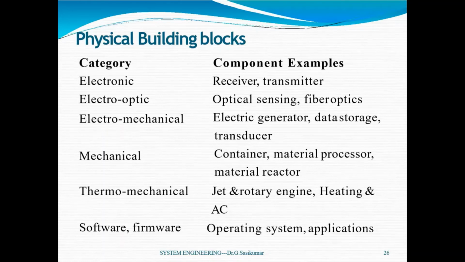Okay, and in the mechanical field we use container, material processor, and other items to store the data, store the materials. Thermomechanical, everybody knows thermodynamics, used in jet, rotary engine, heating, and ACs. We need the thermomechanical category. An operating system application is used in software and firmware. It is related to computer science. Remaining are related to ECE and mechanical. Okay.